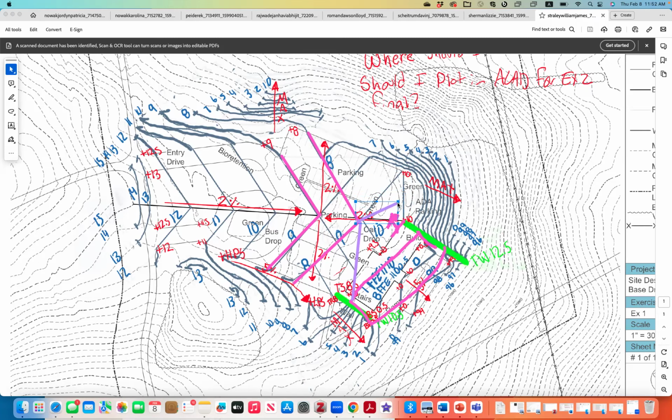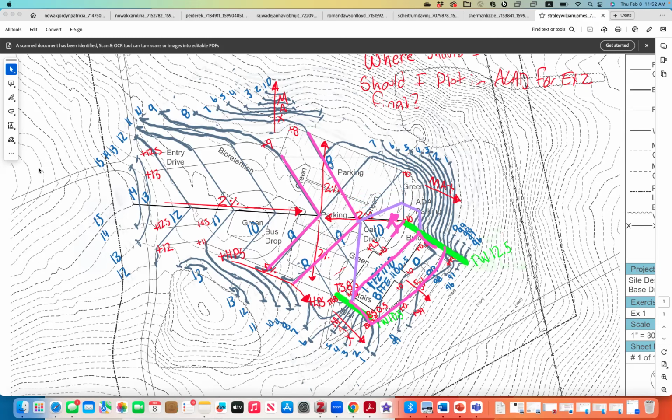And this is going toward the, I'm trying to figure out where the edge of the pavement is. Looks like it's there. And then I would go like this, right? Attached to the building.